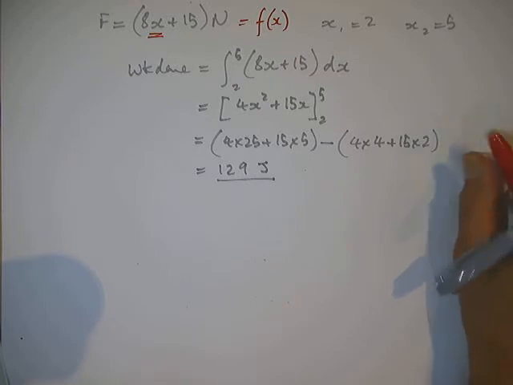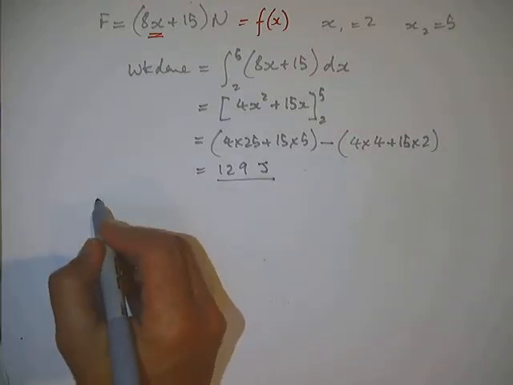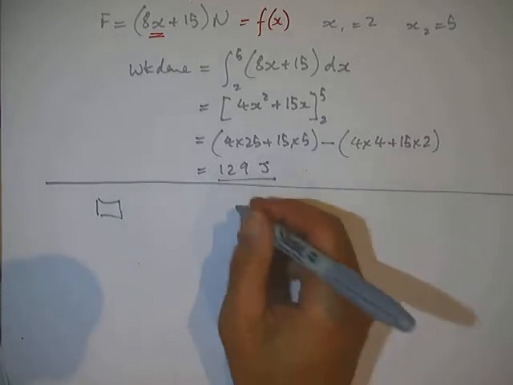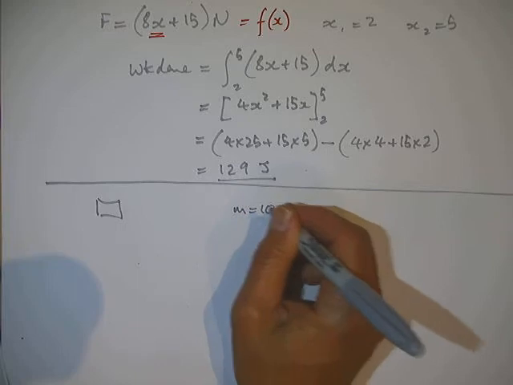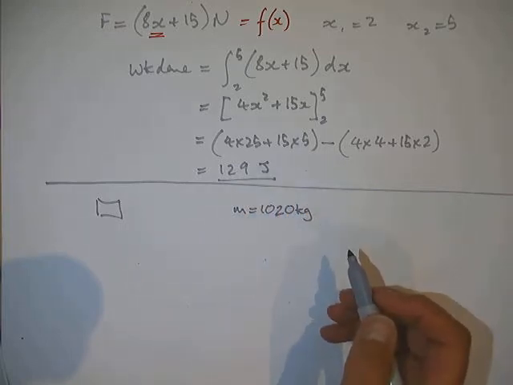Worked example 5.2. A car of mass 1,020 kilograms moves from rest.